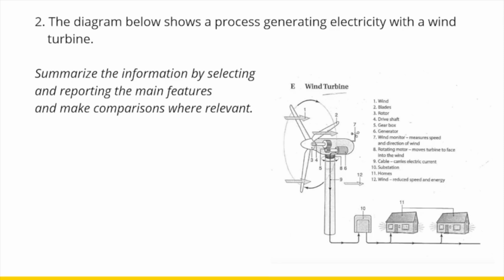So make sure to read your prompt, which states the following. The diagram below shows a process generating electricity with a wind turbine. So here we see, and it actually clearly states, it shows a process generating electricity with a wind turbine. So you have a process and it explains how electricity is being generated with wind turbine.